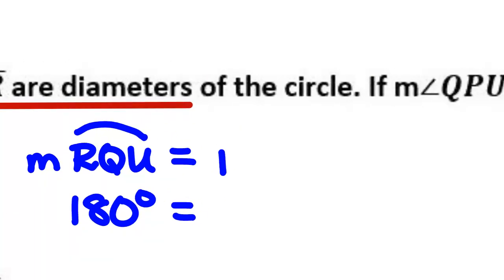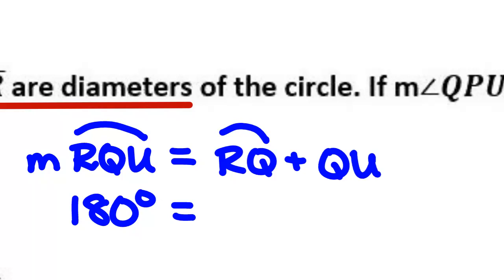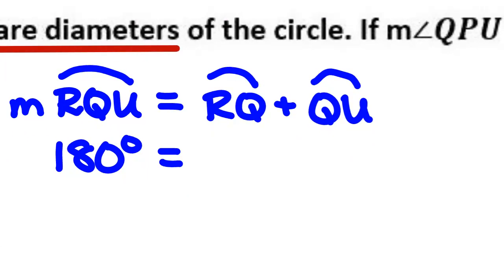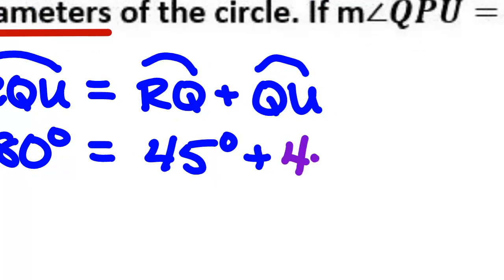RQU is made up of arcs RQ and QU. Well, how big is arc RQ? 45 degrees. What about QU? 4x plus 11.